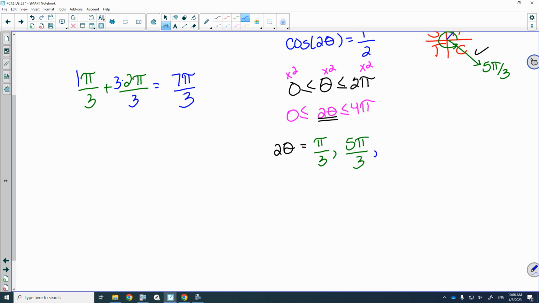That would be a solution. And I need to find what's coterminal to 5 pi over 3. So 5 pi plus 6 pi will be 11 pi over 3.